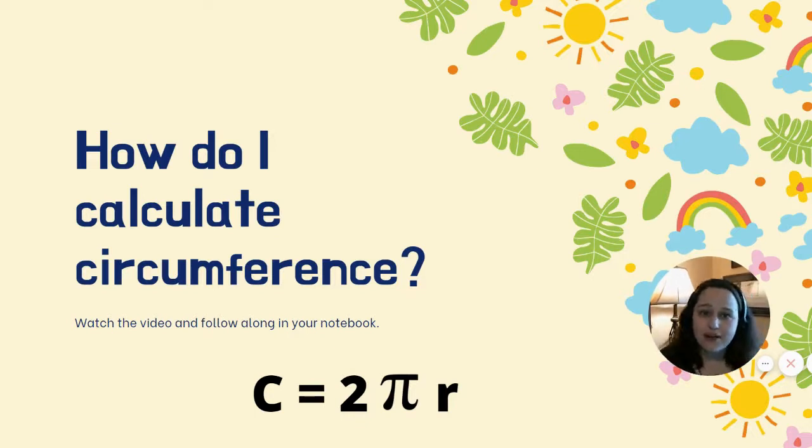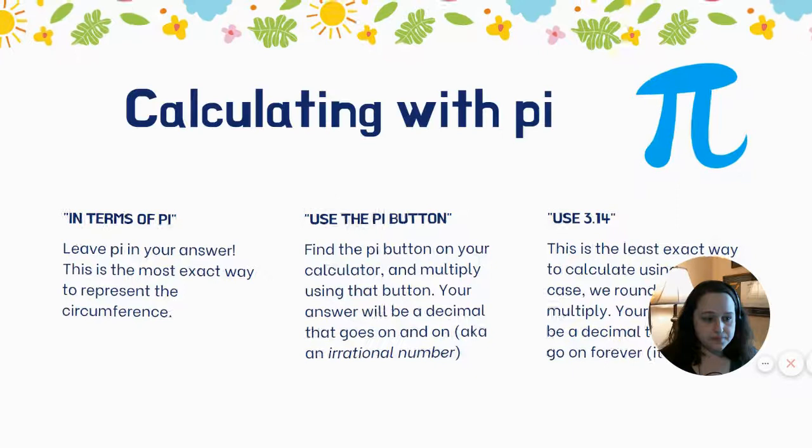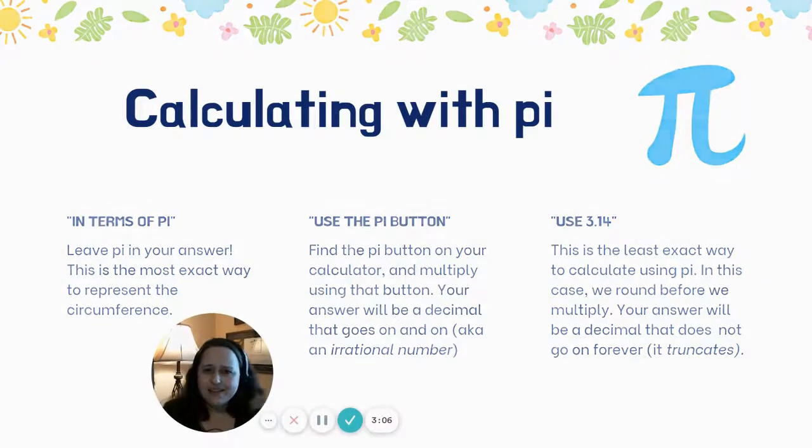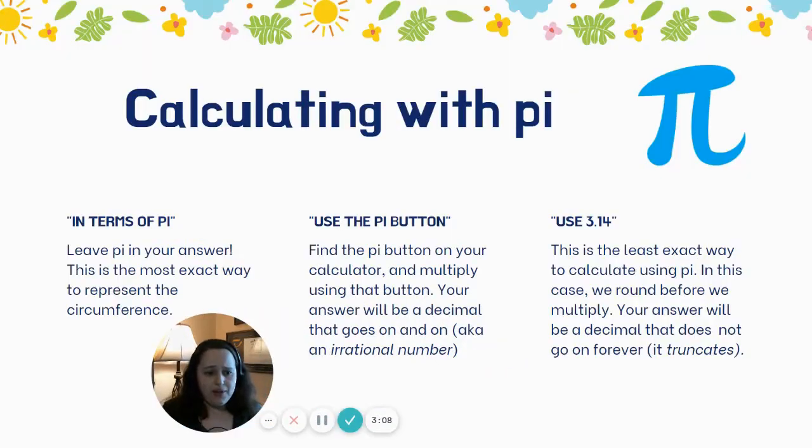So another way to calculate circumference would be circumference equals pi times diameter. When we calculate with pi, we can leave our answer in any one of 3 formats. We could leave it in terms of pi, we could use the pi button, or we could use 3.14. And I'm going to demonstrate what each of those look like.